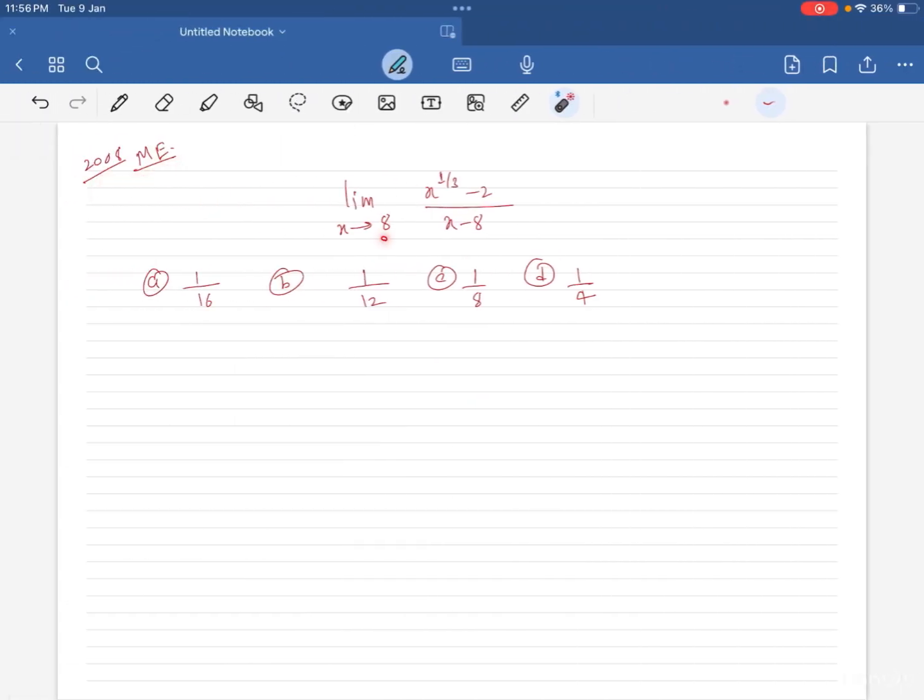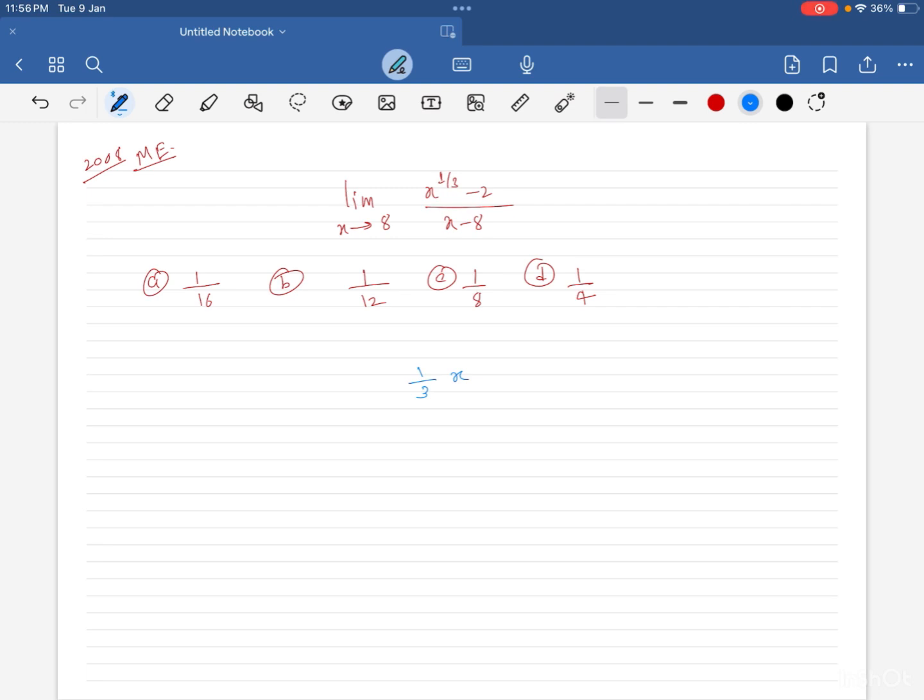So if you put 8 here, that is going to be 2 minus 2, that is 0, and 0 divided by 0. So it's the 0 divided by 0 form. So how can we solve this? We can differentiate. That is going to be 1 minus 3 by n minus 1, right?